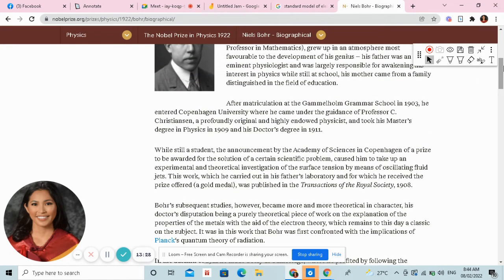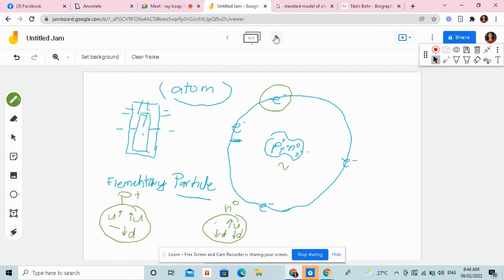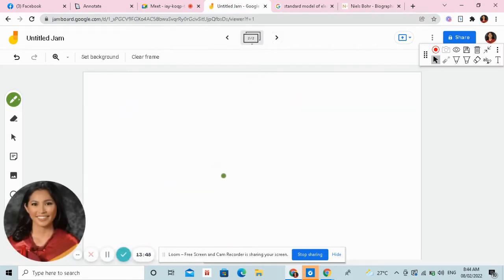All right, but he has that model of hydrogen atom, which has a structure like this one. Remember that the atom, we have the nucleus, you have the protons here, and then the neutrons, and then we have electrons.